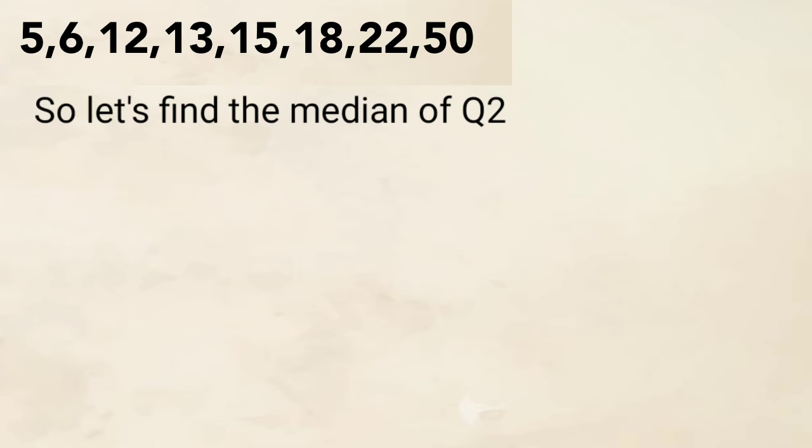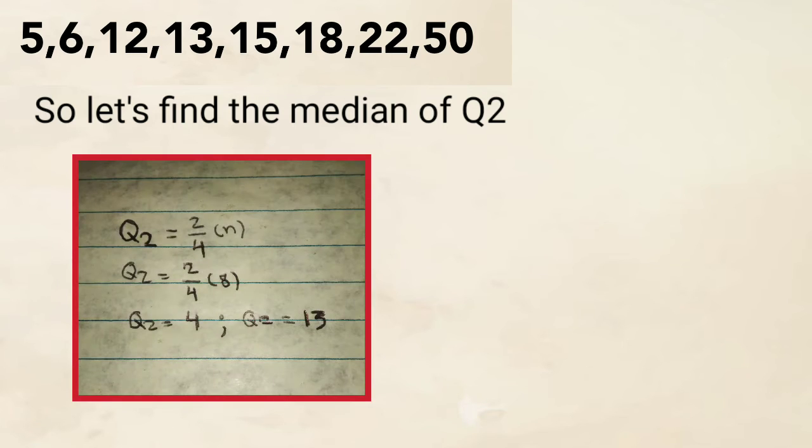So let's find the median of Q sub 2. To find it, we need to identify first what is the second quartile. So 2 divided by 4 multiplied by 8 is equal to 4, and our fourth term is 13. Therefore, our Q sub 2 is 13.